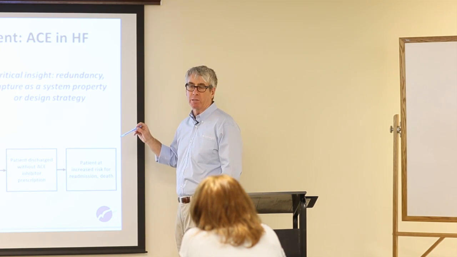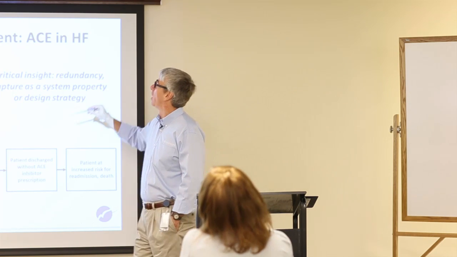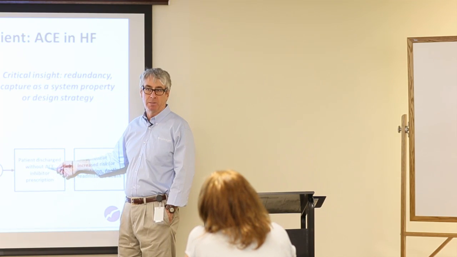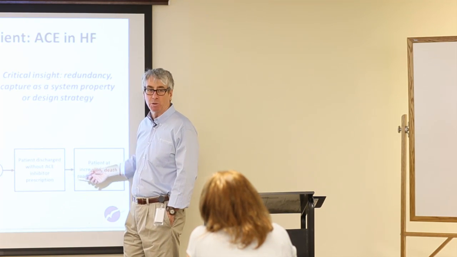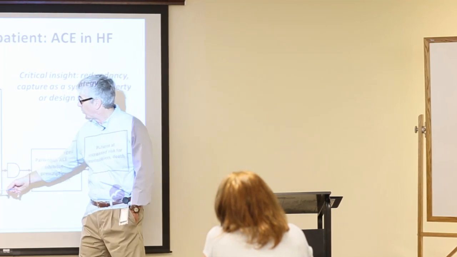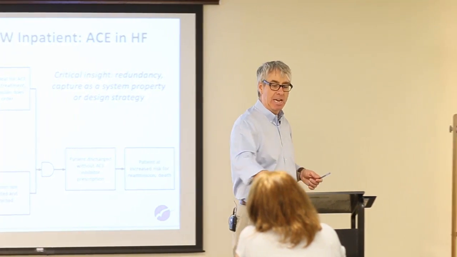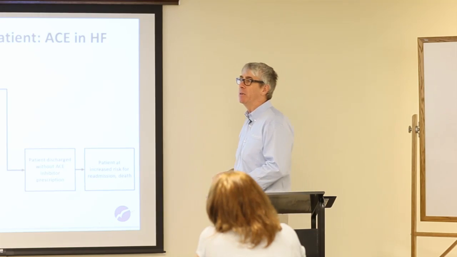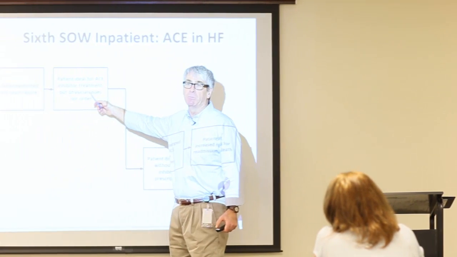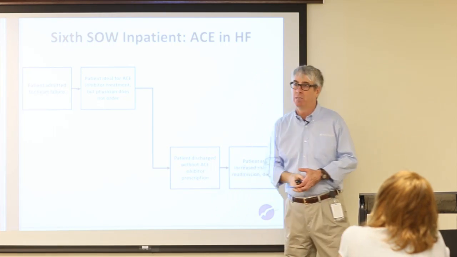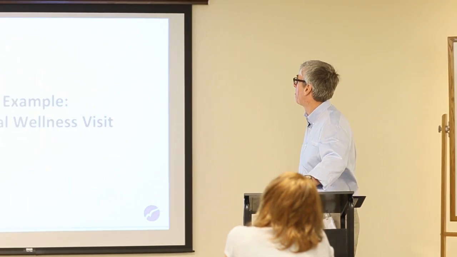So this was a critical insight. This is a logic model that says, if I want to prevent this unwanted outcome, then I can work here or here or both. If I don't understand this about systems, it limits my thinking. It makes me think I have to perfect this in order to get better outcomes here. We'll come back to that.